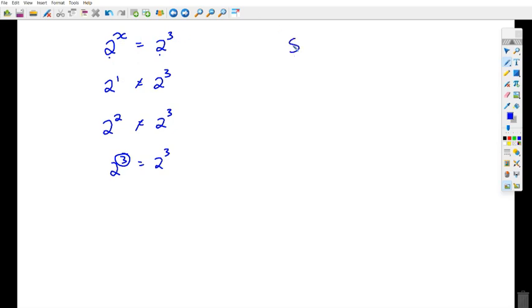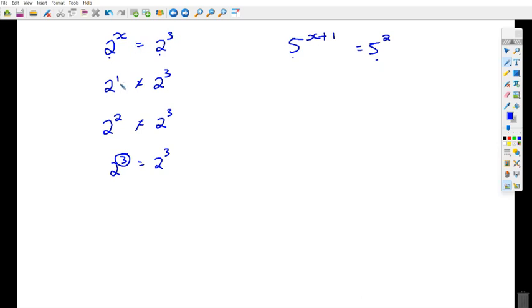So if I had something like 5 to the x plus 1 equals 5 to the 2, I've got same bases. What does that mean about these exponents? These exponents have to be equal to each other. Over here, this exponent had to be equal to this one, so x had to be equal to 3 for this to be equal.